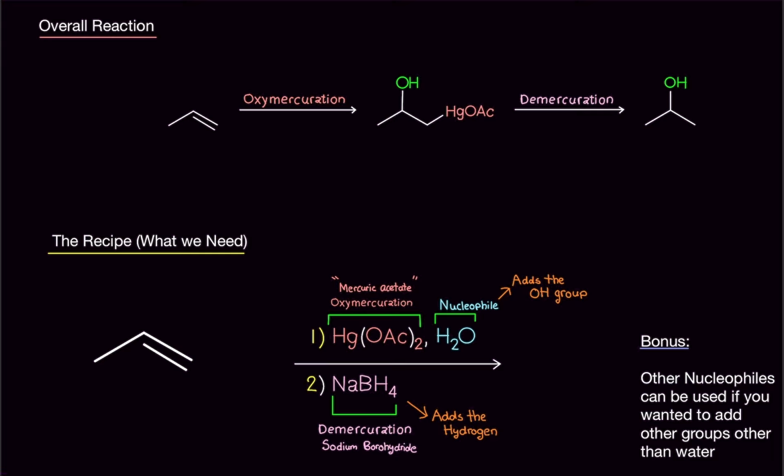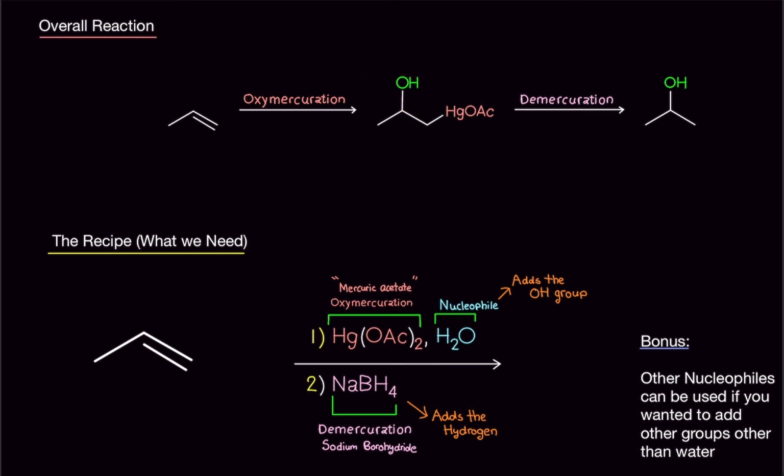The first step is called oxymercuration. Here's what we're going to be doing. We're going to be adding a molecule called mercuric acetate, which is this. That's all it does. The OH that you see here that has been added is from the nucleophile.